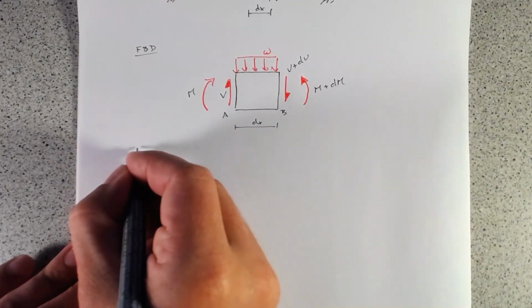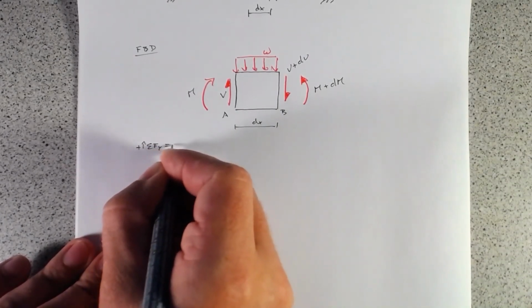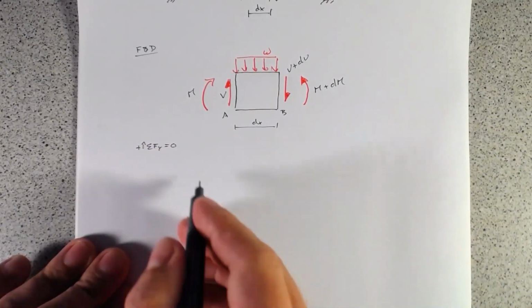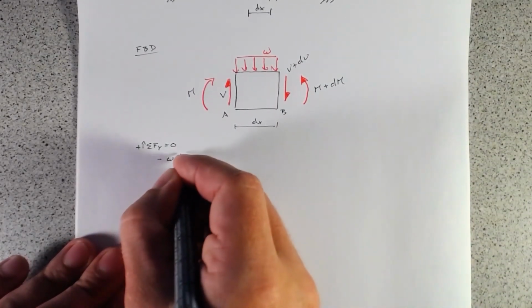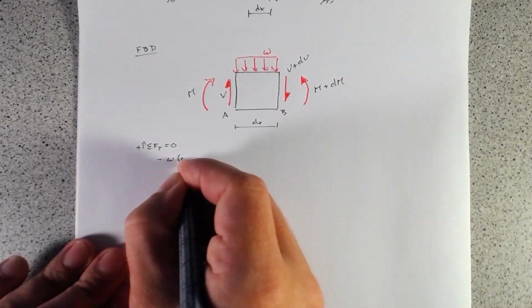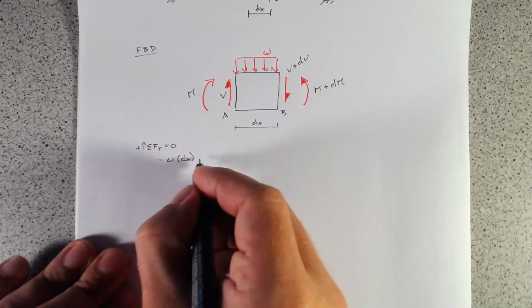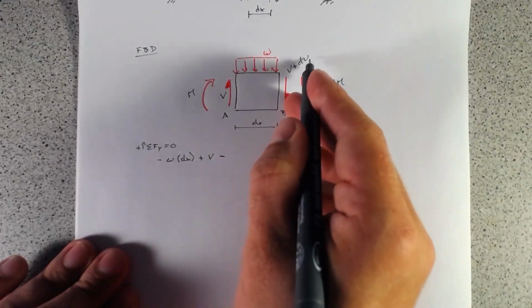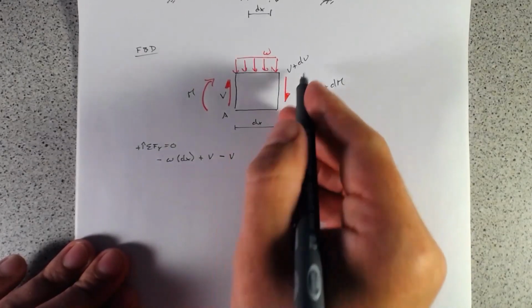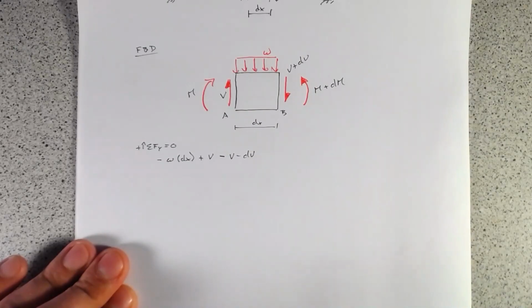So starting with the sum of the forces in the y equals 0. We have minus W times dx plus V minus V minus dV, and all of that equals 0.